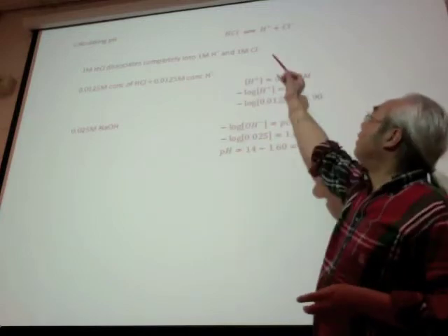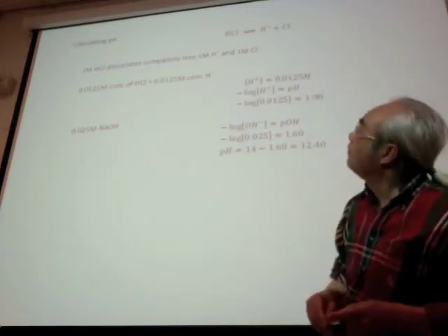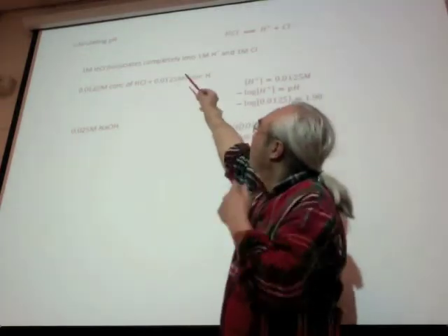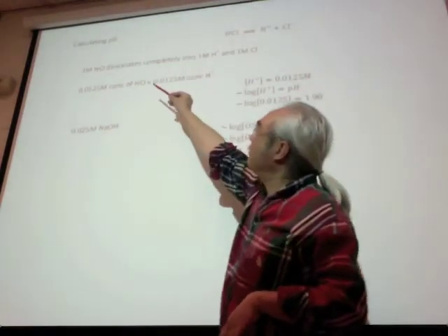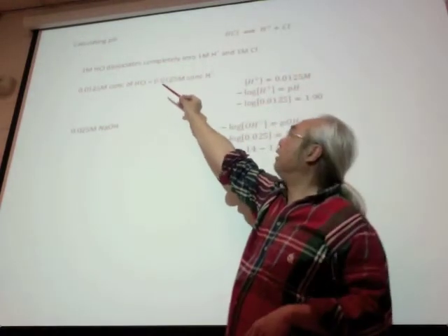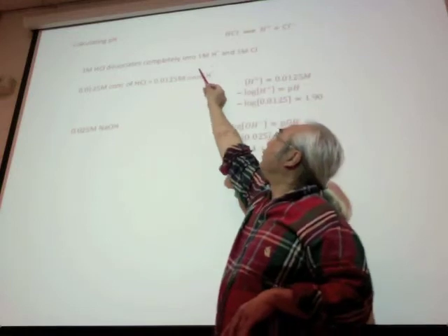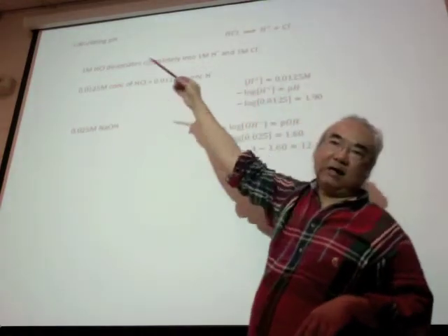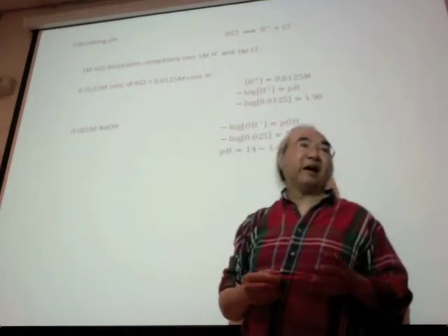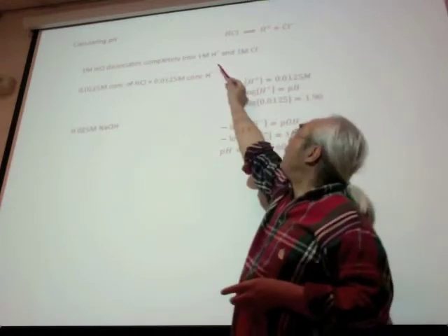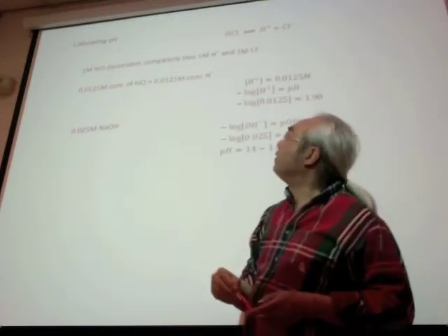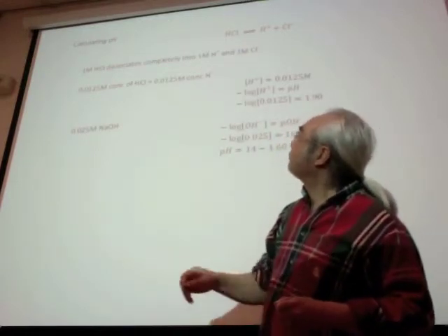Okay, so it's completely ionized. So when you have 1 molar HCl per your calculation, then the 1 molar will be completely ionized into the corresponding ions. So 1 molar of that and 1 molar of that. So you know that.